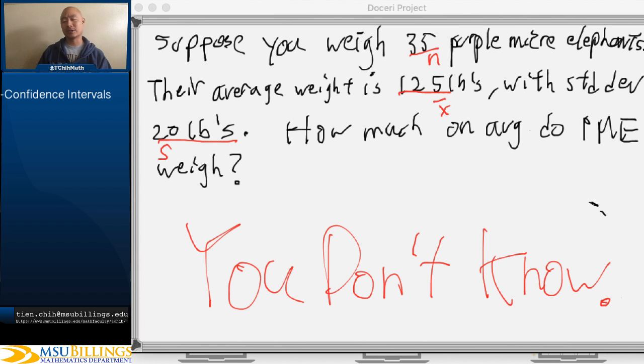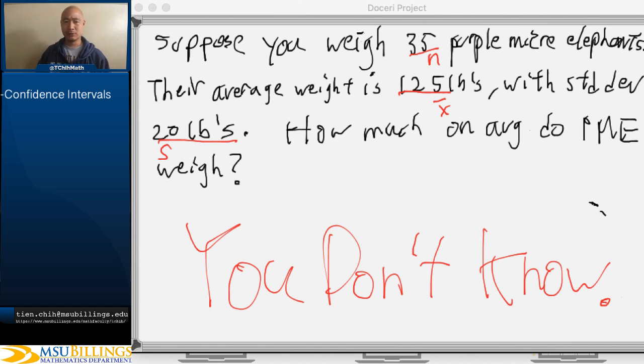You don't know whether these 35 are slightly heavier on average than the average purple microelephant, or slightly less heavy, or that maybe the next microelephant you weigh weighs like 1,000 pounds. There's no way to know that. And so it's very important to admit right up front that we don't know how much on average a purple microelephant weighs. That being said, if instead of 35, I weighed 3,500 purple microelephants, and the average weight was still 125 pounds, well, that wouldn't tell me that their average weight was 125 pounds, but I'm willing to feel comfortable that we're close.